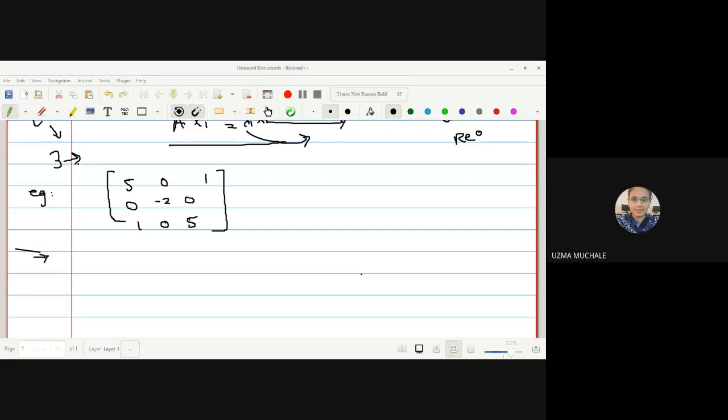A minus lambda I. Find that and tell me. Yes, what are the eigenvalues? Lambda is equal to.